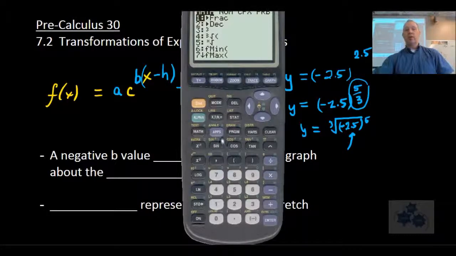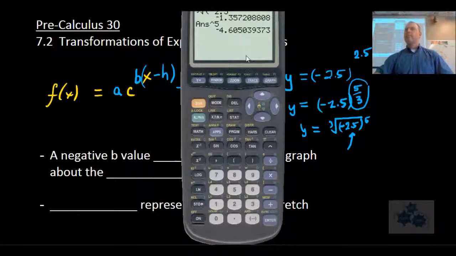Obviously square root doesn't work. Cube root, number 4, of negative 2.5. We have a value, to the power of 5, I get a value. Oh, and now it's negative. But c is negative, so I do have a value here.